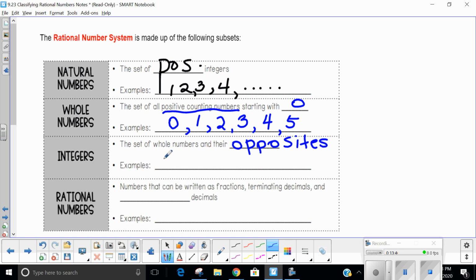Let's say we have the whole number 5, and the opposite of 5 would be negative 5. So those would be a pair of integers. What if I had negative 200? The opposite of that would be positive 200. So those would be some examples of integers. Integers is the set of whole numbers and their opposites.